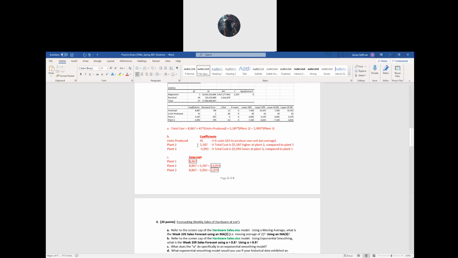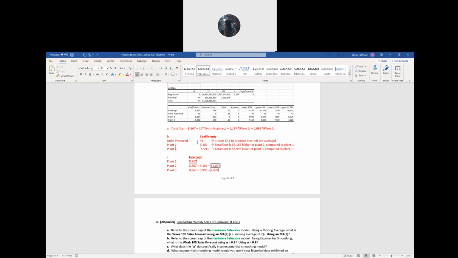So it's this much more than the plant we didn't specify, which is plant 1. So producing at plant 2 is an average of 5,187 higher compared to plant 1.